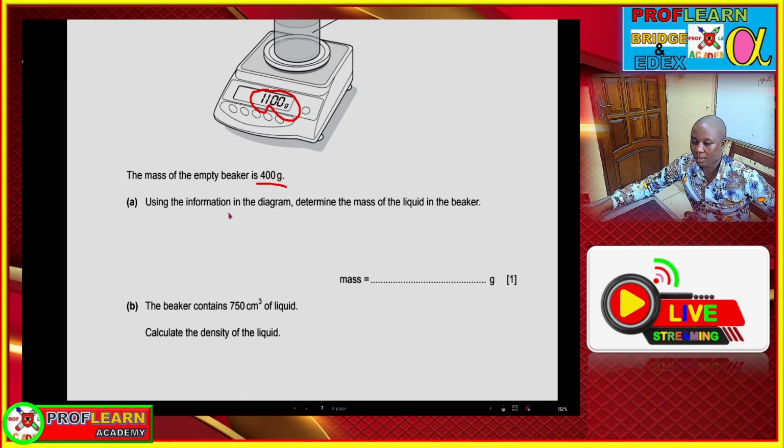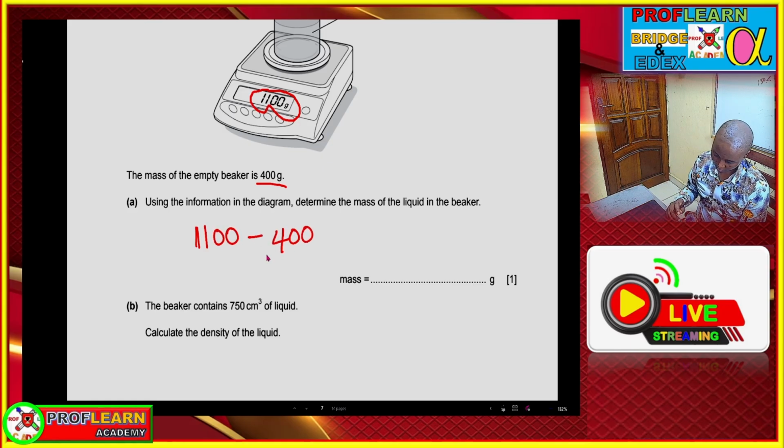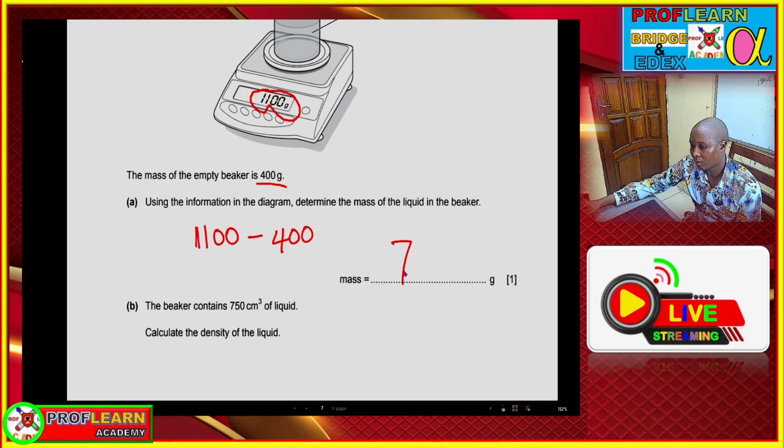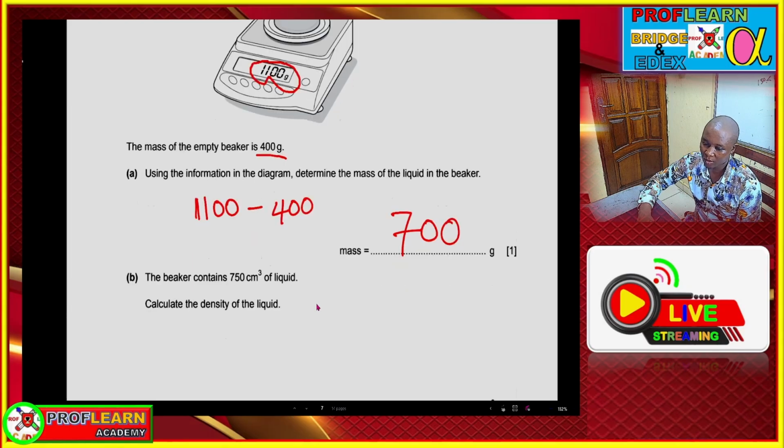So which means that mass of the liquid is going to be 1100 minus 400. And if you subtract that, that's going to translate to 700. And 700 becomes the mass of the liquid.